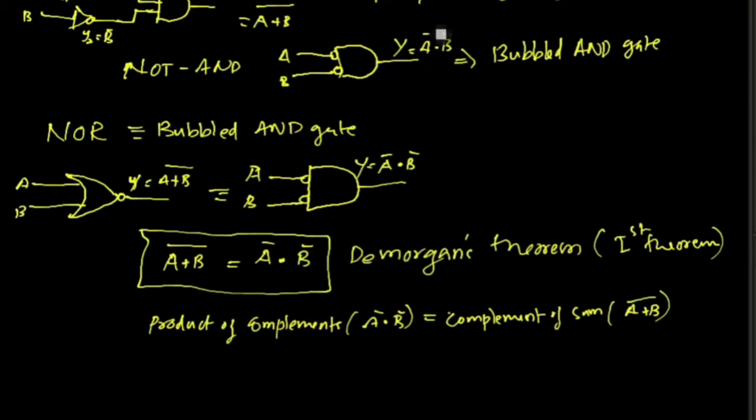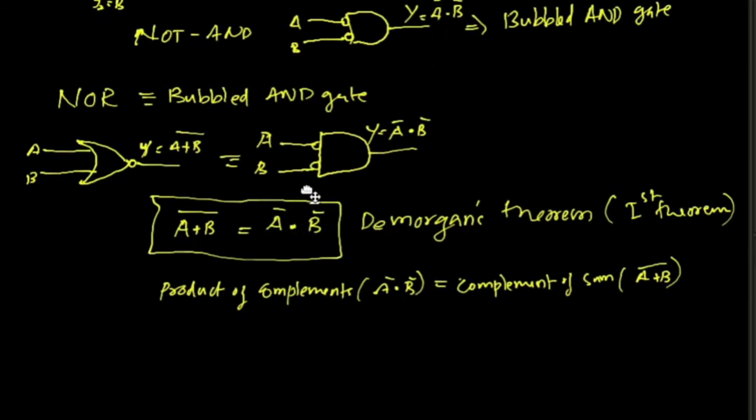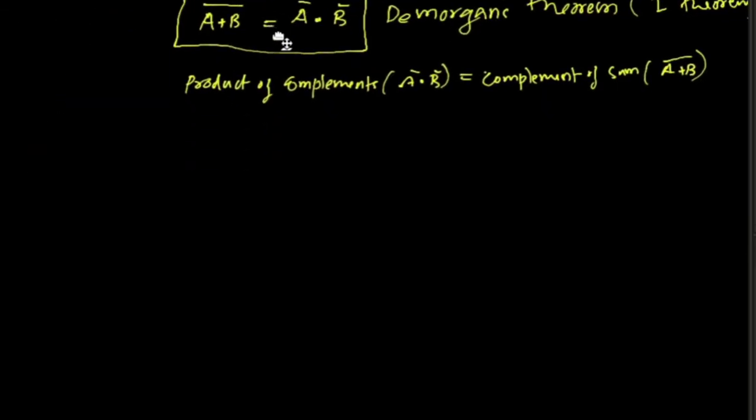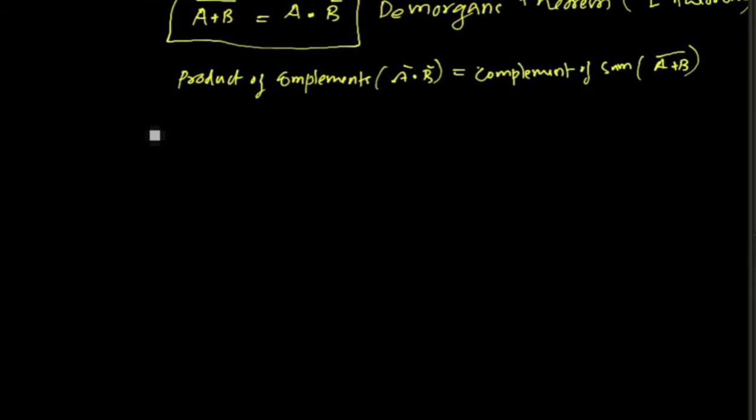Before going to that, just one more thing we can discuss here is the IC of the NOR gate. There is an IC for the NOR gate, that is 7402. 7402 is the NOR IC.